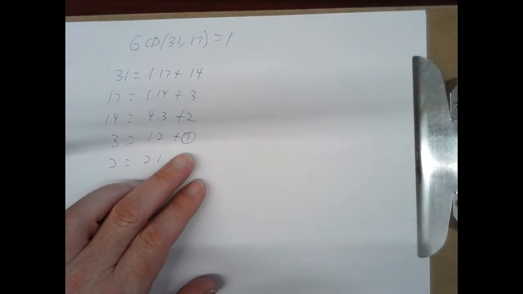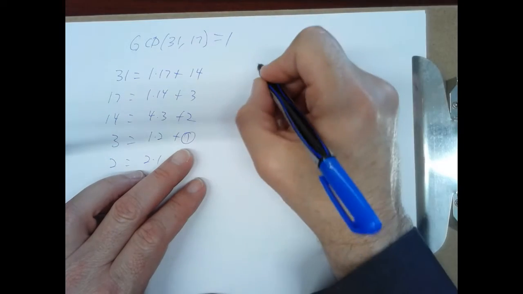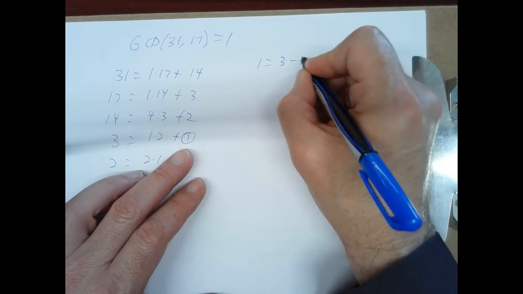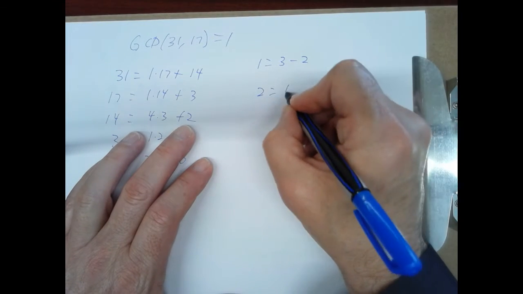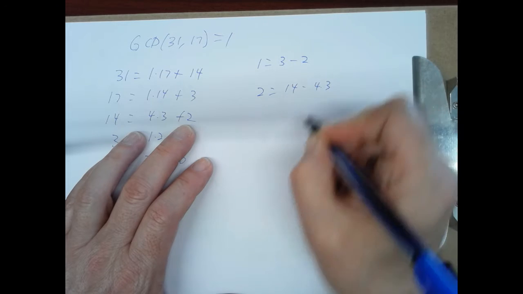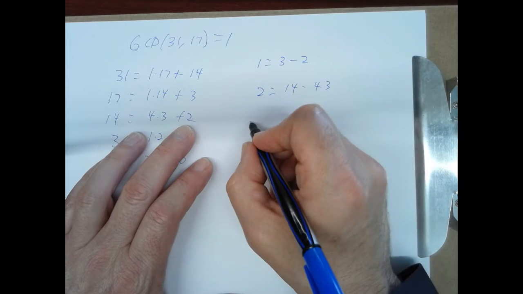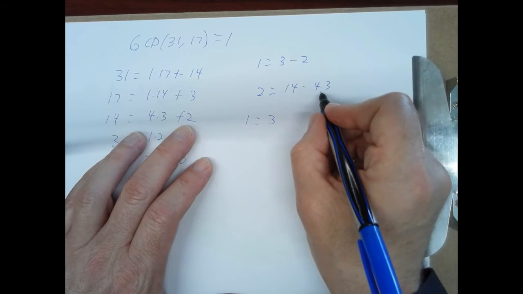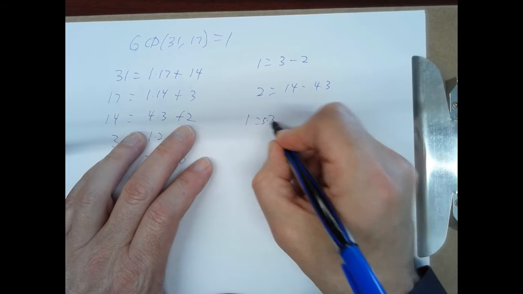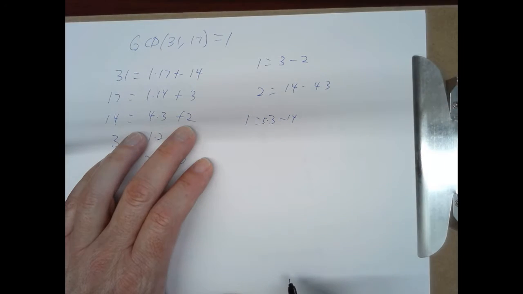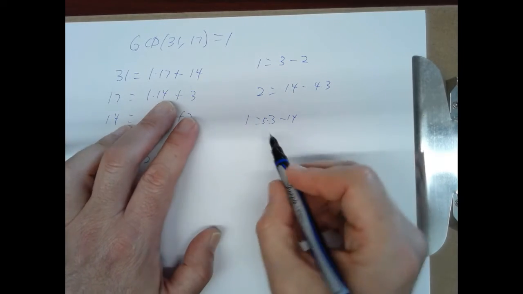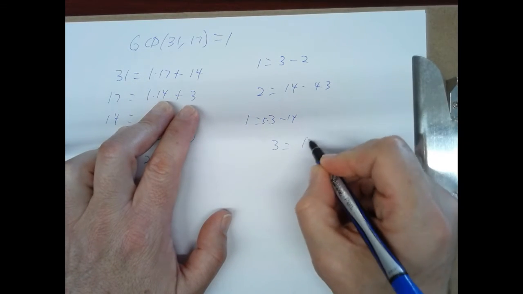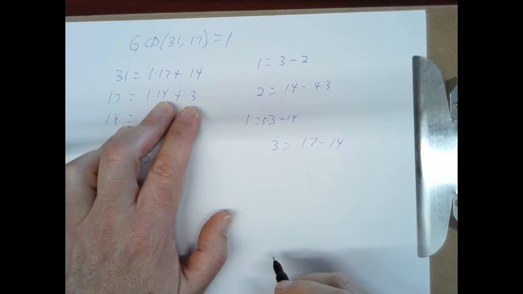That's okay. So let's just back this out. 1 equals 3 minus 2. And from this equation, we know 2 equals 14 minus 4 times 3. So if we plug that in here, 1 equals 3 minus 4 times 3, which is 5 times 3 minus 14. And so now we have 3 and 14. Let's replace the 3 with 17 minus 14.